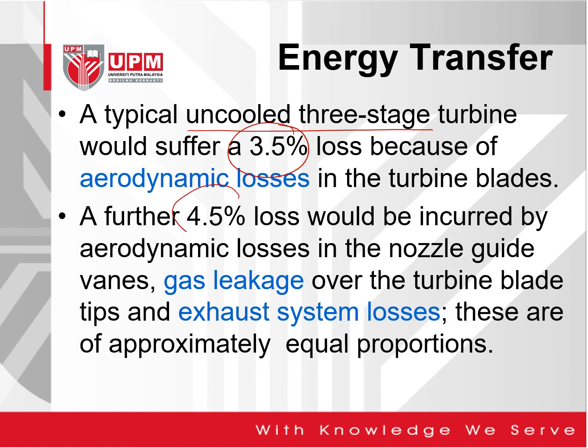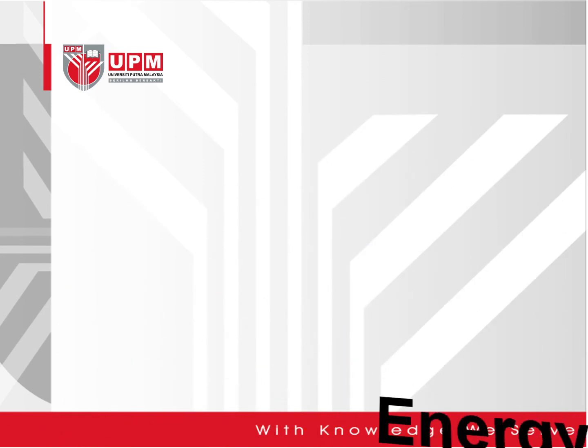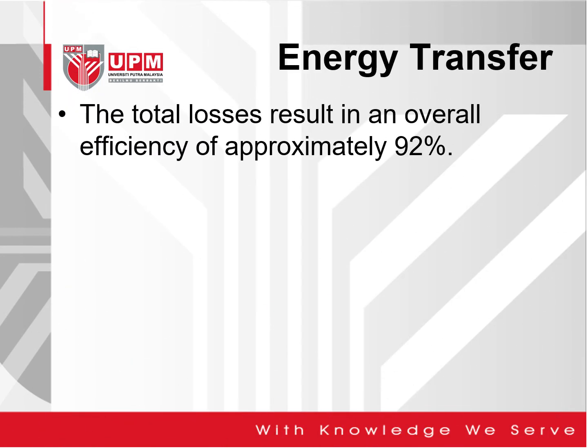A further 4.5% would be incurred by the aerodynamic losses in the nozzle guide vanes. We also have a problem of gas leakage over the turbine blade tips and exhaust system losses, which are of approximately equal proportions. Finally, the total losses result in an overall efficiency of roughly 92%.